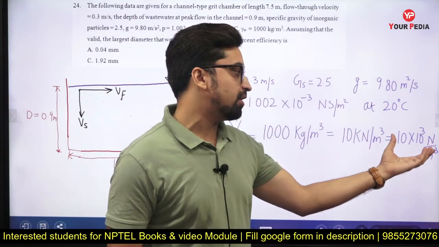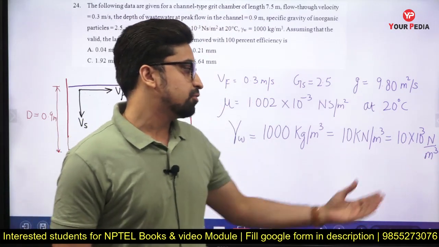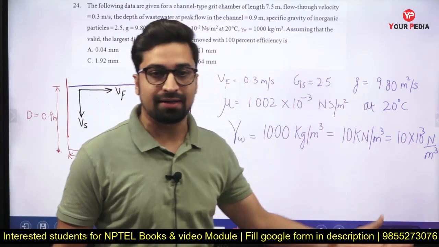So let us first convert it into Newton per meter cube. So it will be 10 into 10 to the power 3 Newton per meter cube, right?